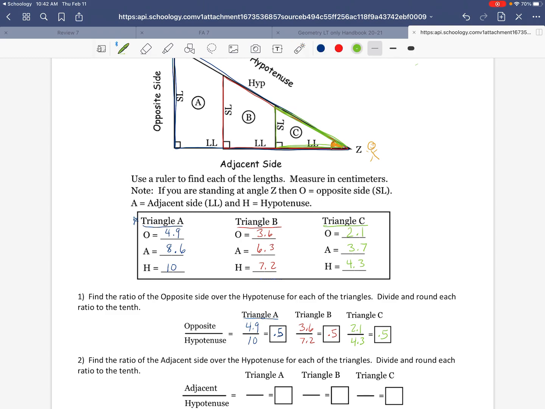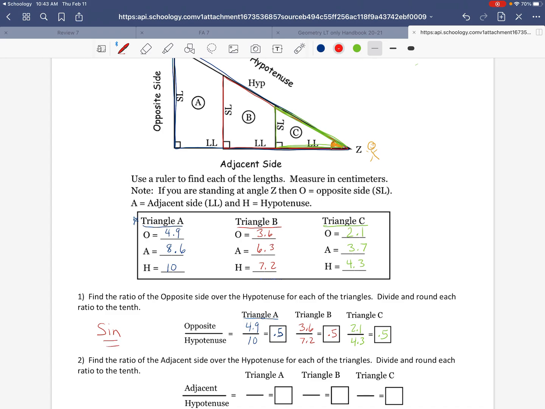We call that a sine. It's spelled S-I-N. Let me make this bolder. But it's not said sin. We call it a sine. And it's the sine function that gives us the ratio.